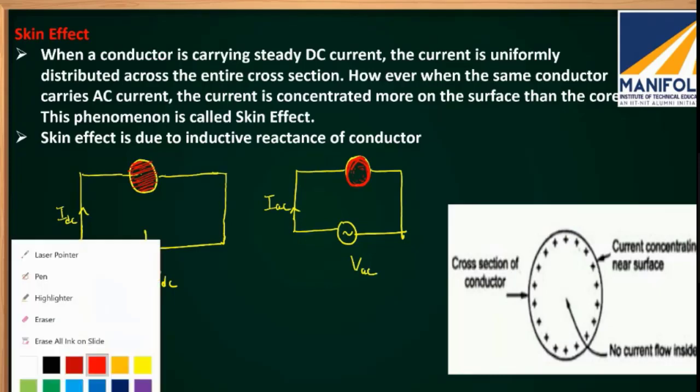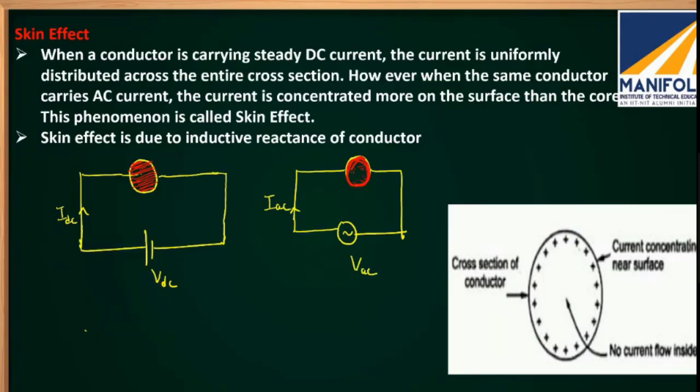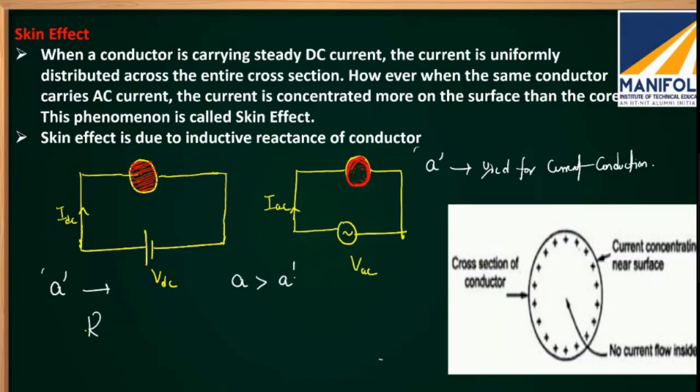If A is the area used for current conduction in DC, and A dash is the area used for current conduction in AC, then A is greater than A dash, because in DC the complete area is used, whereas in AC only some portion of the conductor is used.